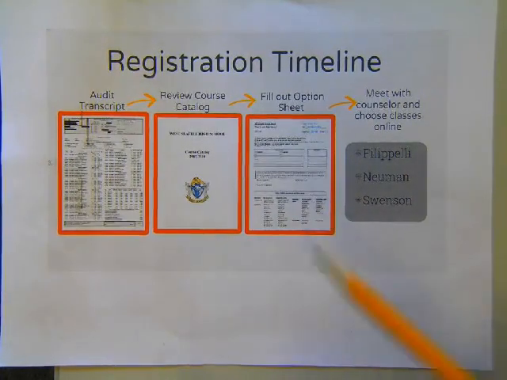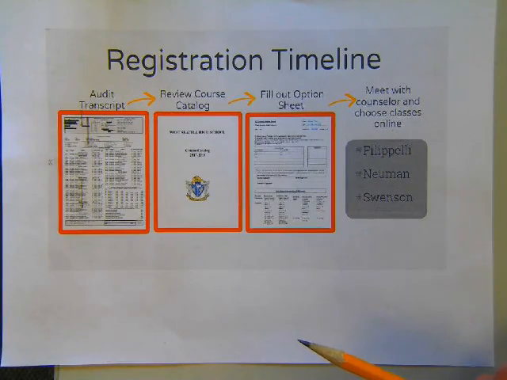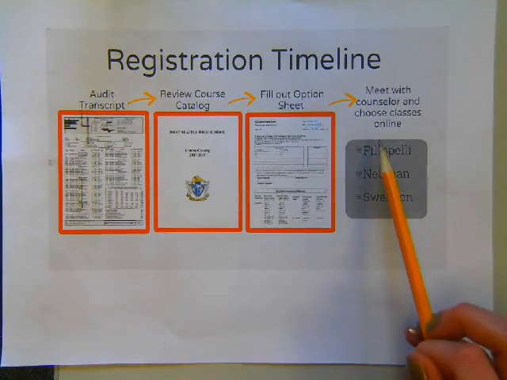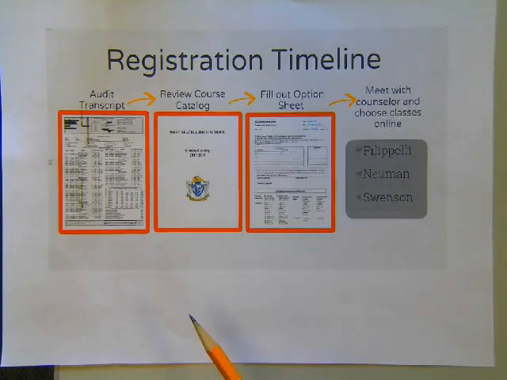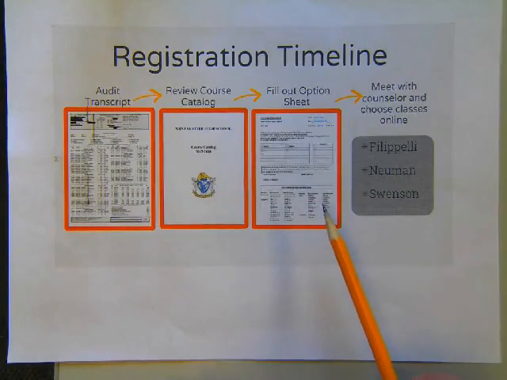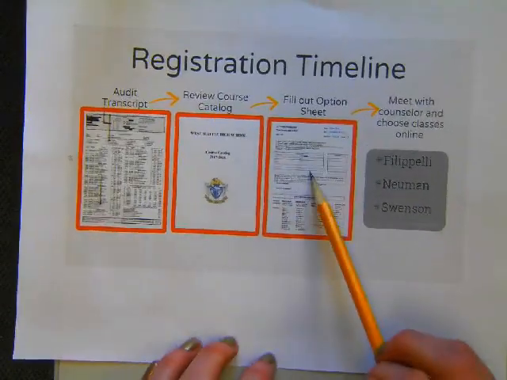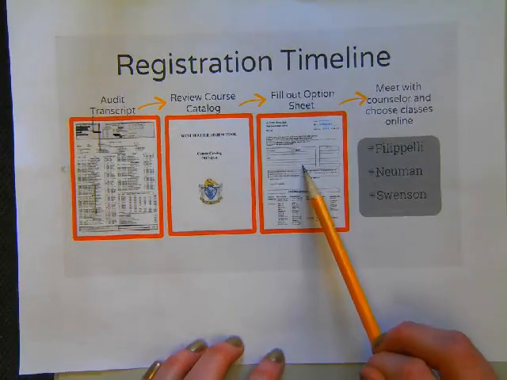You will need to bring your transcript, your academic history, as well as your option sheet to the lab when we call you. Just like we used to call you in for your individual appointments, we'll now be calling you into the lab, but you still need to bring your transcript, your academic history, and your option sheet. You're going to get the transcript today in advisory, and the option sheet on Thursday.